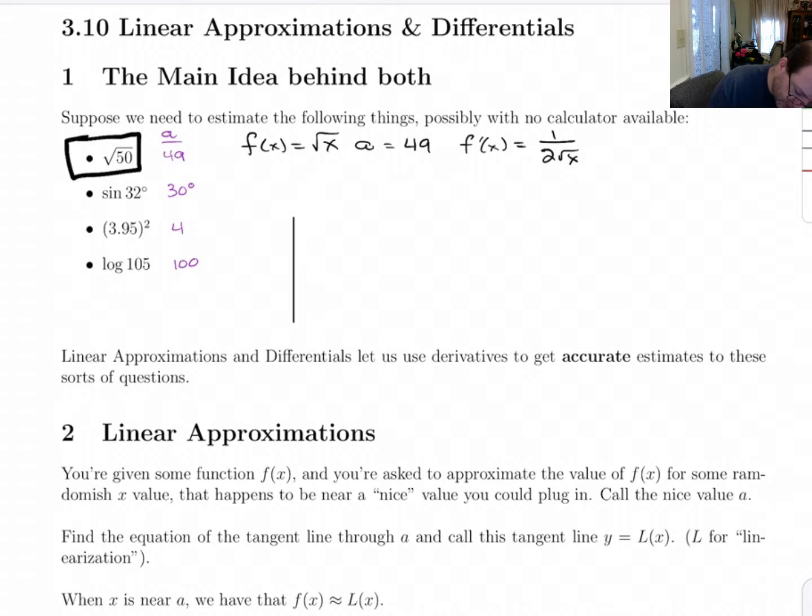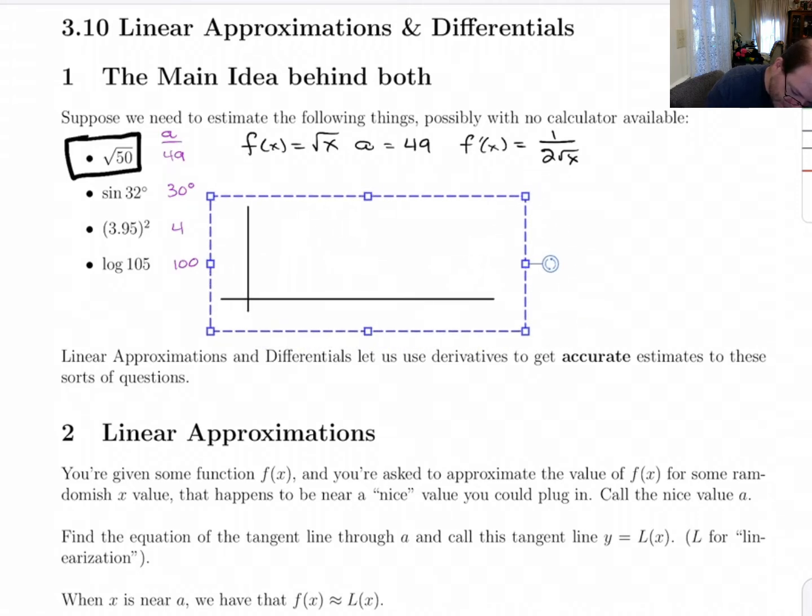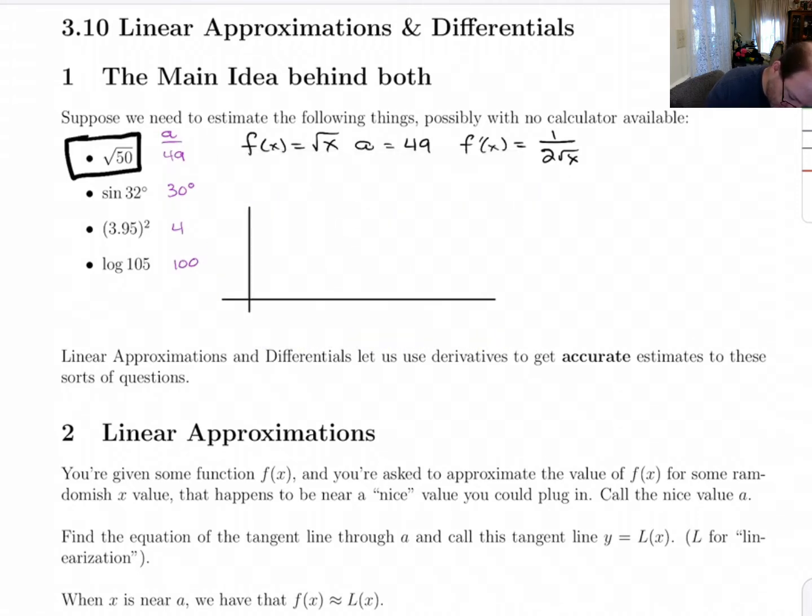So let's graph this function. All right, we know what square root looks like. It's a half parabola. Looks like that. And somewhere over here is 49, our a. And over here is 50, the number we're trying to evaluate it at.